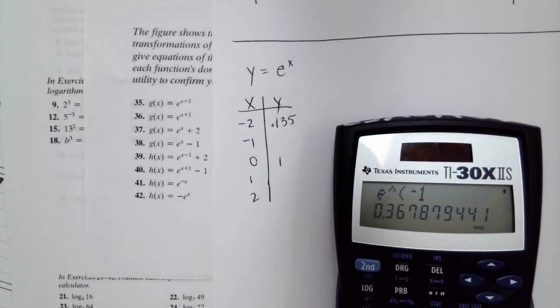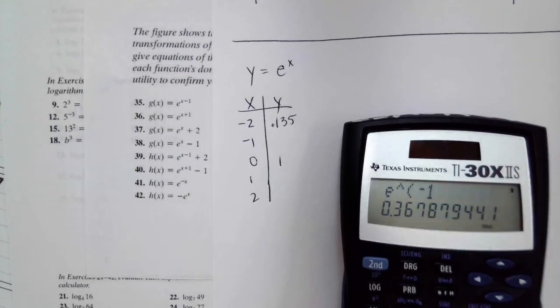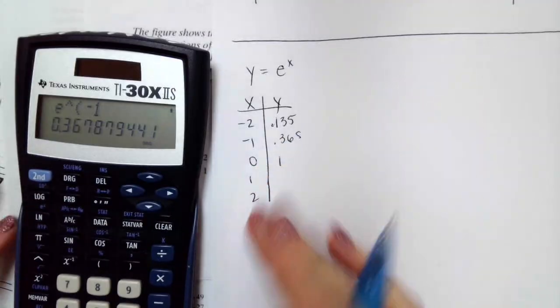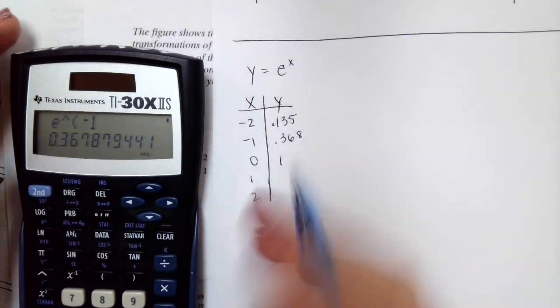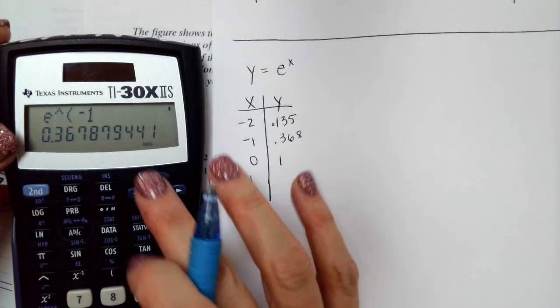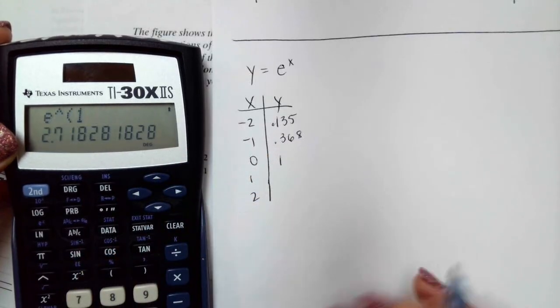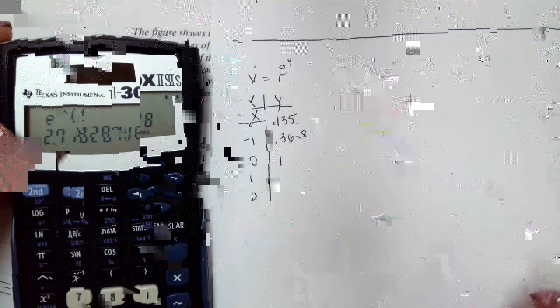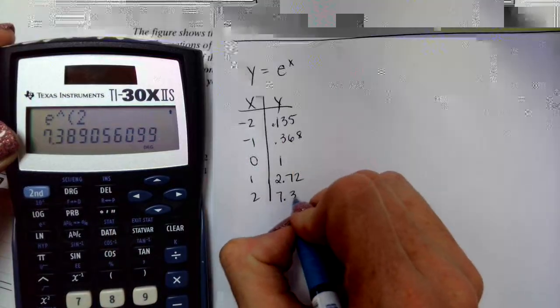Raising e to the negative 1 is going to give me 0.368. And then raising it to the first is going to give me 2.72. Raising it to the second is going to give me 7.39.